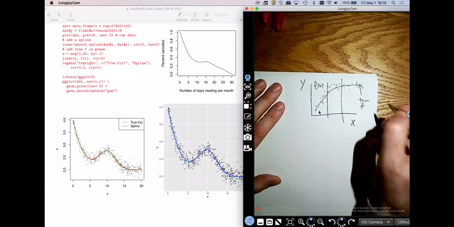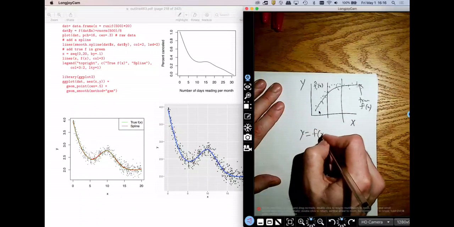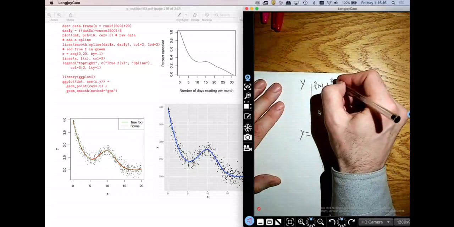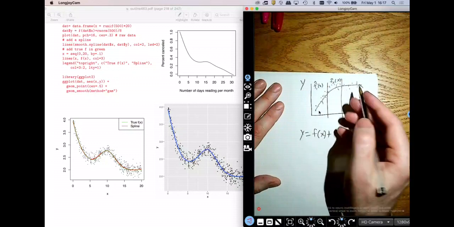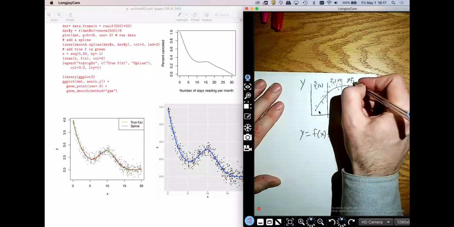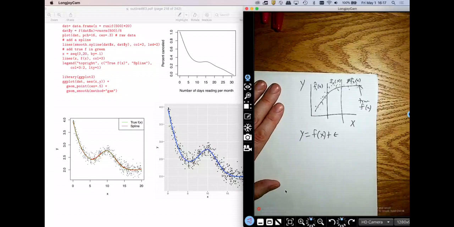Remember, my model is this: y equals f at x plus some errors. Then I have some other function f hat 2 at x that works in this local area, and some function f hat 3 at x that works in that area.